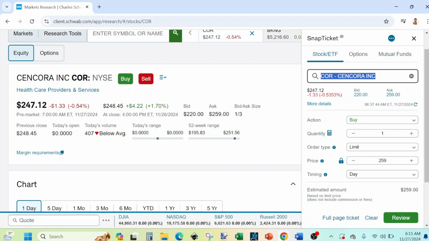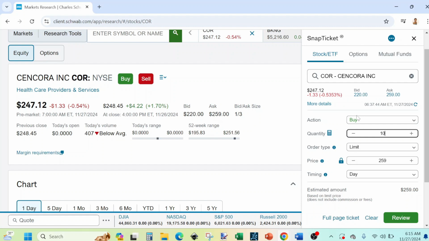So you click on that buy button, and on the right side we have the window that opens for us to place our order. I like to place the order using the price that the stock is selling at that current moment, which is 247.12.